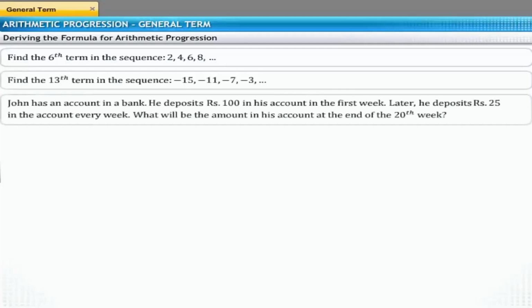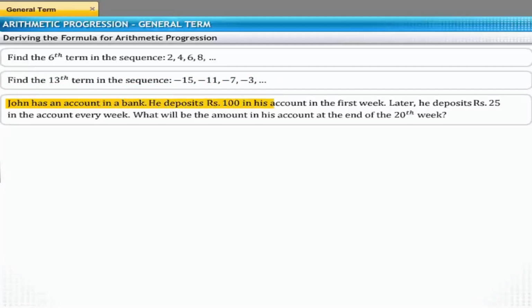Consider the following problems regarding arithmetic progression. Find the sixth term in the sequence 2, 4, 6, 8, and so on. Find the 13th term in the sequence minus 15, minus 11, minus 7, minus 3, and so on. John is saving money in a bank.